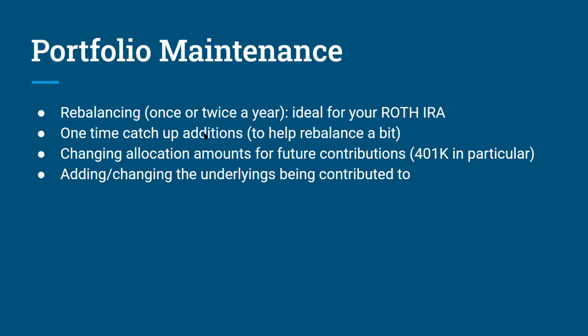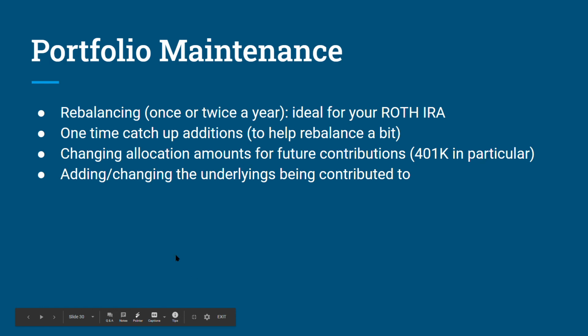For example, if you do your taxes and get a tax return, you might invest that into your regular brokerage account, and instead of rebalancing by selling something and investing it elsewhere, you might simply add cash to a specific investment. Or in your retirement account through work, you might just go in and change the allocation amounts for future contributions a little bit, adding and changing the underlyings being contributed to.